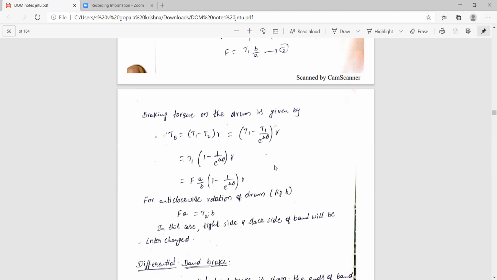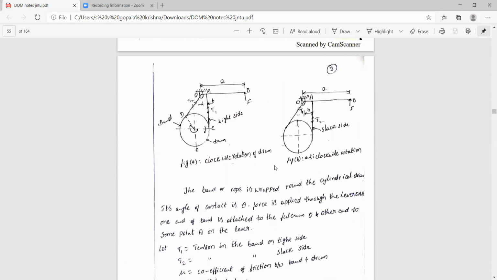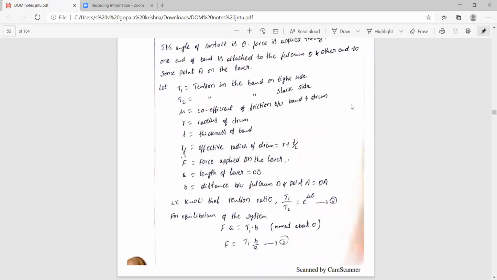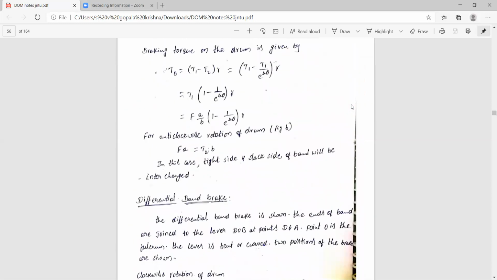This is observed with the help of the diagram, where T1 and T2 are interchanged when the drum rotates anti-clockwise. So FA equals T2 b, therefore F equals T2 into b by a, or T2 equals F into a by b.